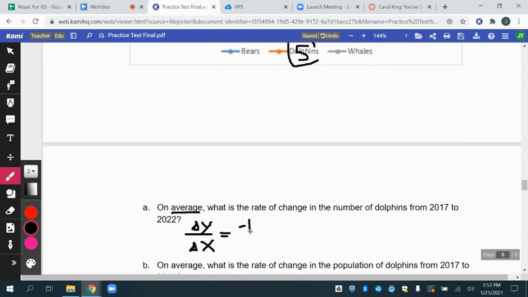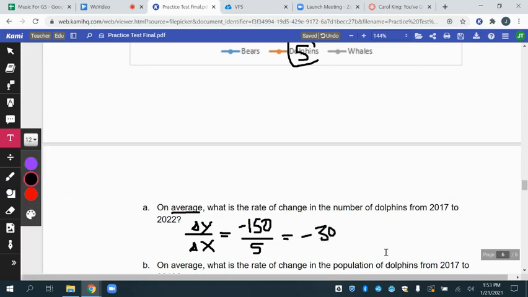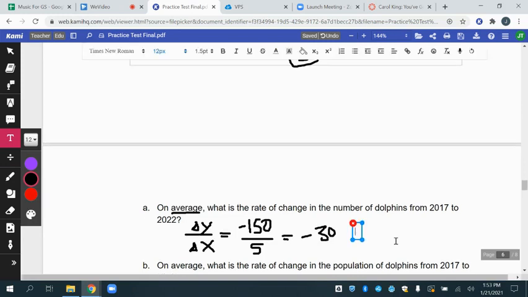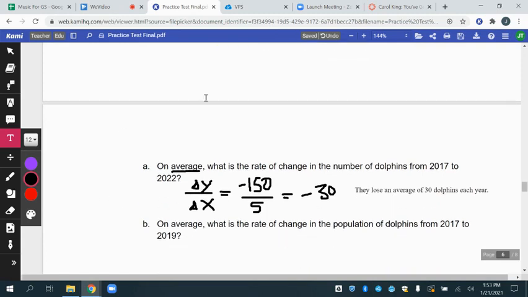So they lose 150 dolphins in 5 years. Well, that makes negative 30 if I divide it out. So what does that mean? They lose an average of 30 dolphins each year.